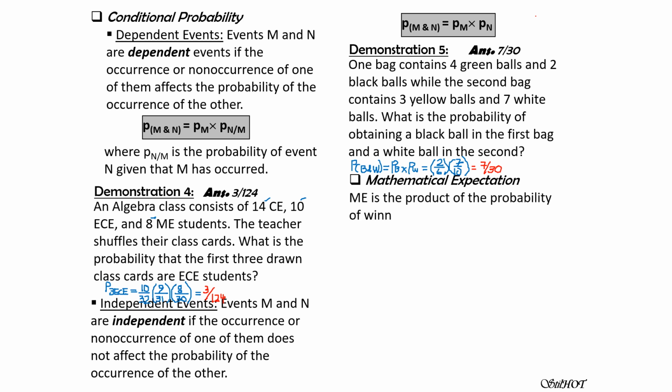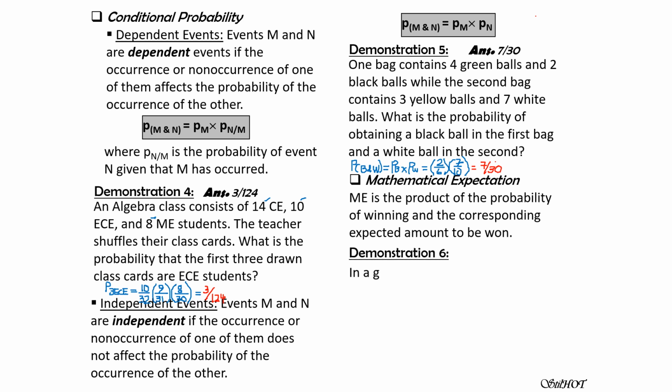So therefore, mathematical expectation is again probability times the amount received. If it is a compound case, then we just add the mathematical expectations.